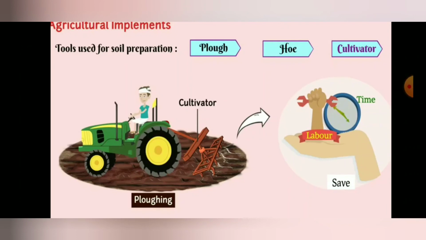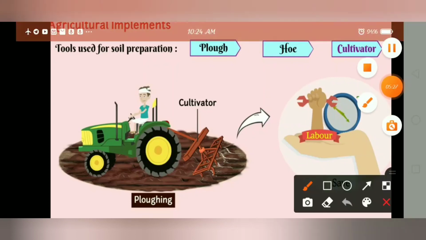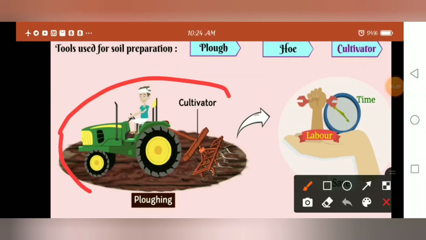Nowadays, ploughing is done by the tractor driven cultivator. This will save the time of the farmer. See, you can see this, wait, I will show. See, the tractor contains something just like a plough.